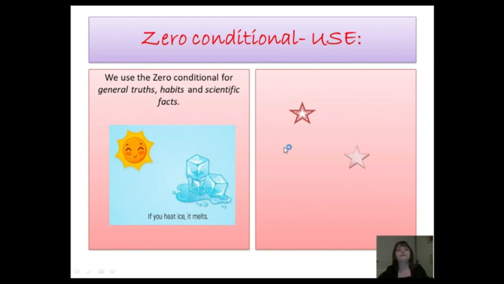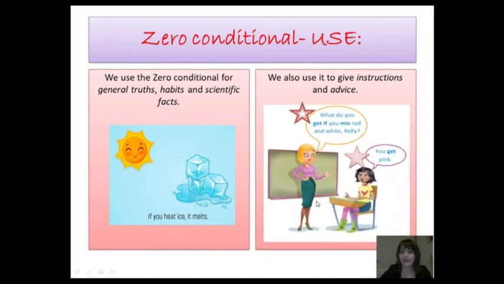On the other hand, you can also use the zero conditional to give instructions and advice. Sa druge strane, nulti kondicional možemo koristiti za davanje uputstava i saveta. Now, we have a teacher and a student.